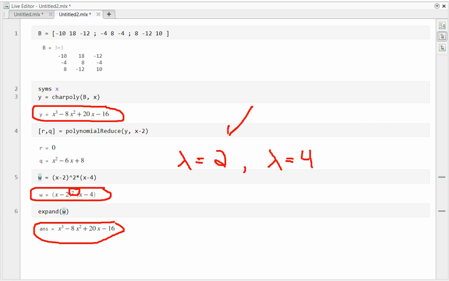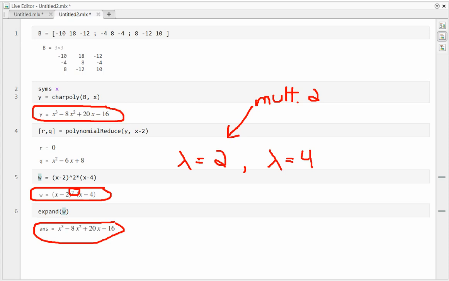So the lambda equals 2 eigenvalue also has a multiplicity of 2. And I'm not going to try to spell the whole word multiplicity, but it has multiplicity 2. So whatever the power is that goes with that eigenvalue in factored form, that's its multiplicity.